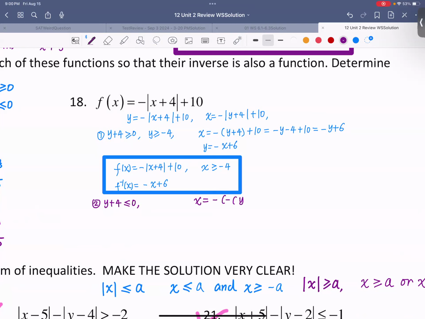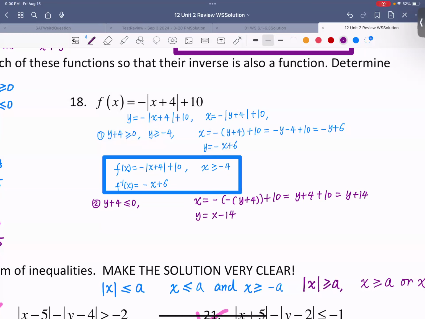Yeah. Very good. I think you got it. So y basically, plus 4 plus 10. So then you isolate y and change that into y equals x minus 14.